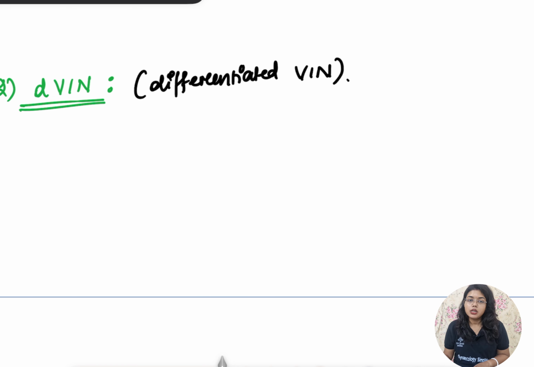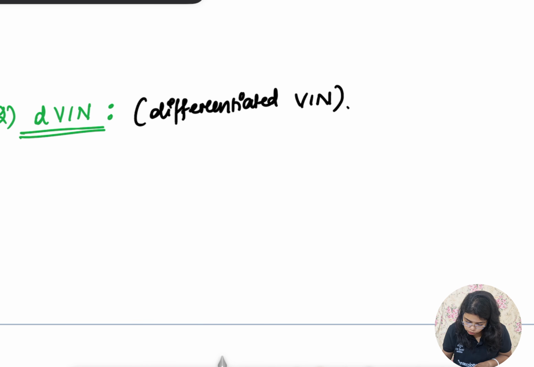The precursor may be chronic dermatosis or any abnormal skin lesions, and when we do not treat that, it may lead to differentiated VIN. So what is the most common association with DVIN? That is lichen sclerosus.